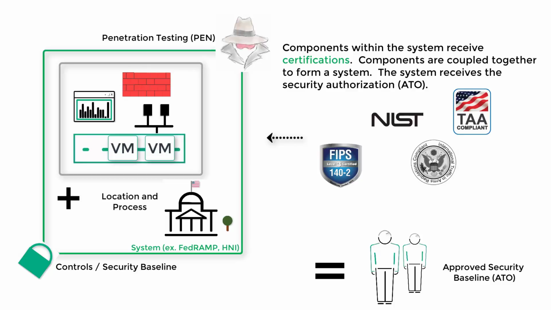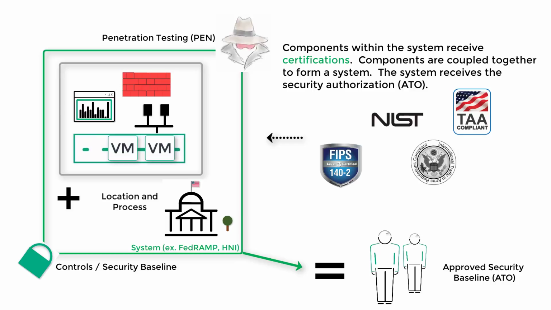You cannot go from a certified, I guess you could, but typically you would not go from a certified server directly to ATO. You would have to have additional things, variables on top of just that certification for that single server.